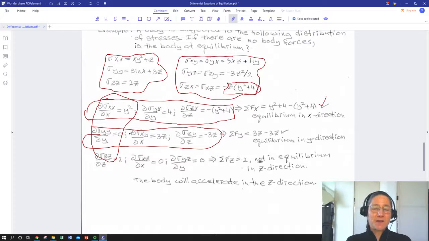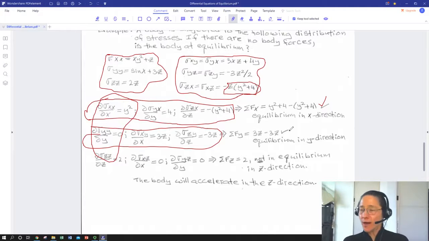If I do the same thing with the y direction, I got 0 for my normal force, the gradient of my normal force in the y direction. If I look at the gradient of my shear force in the y direction, pointed in the y direction with respect to x, I get 3z, and then I have negative 3z coming from the shear on the y face, or excuse me, on the z face in the y direction.